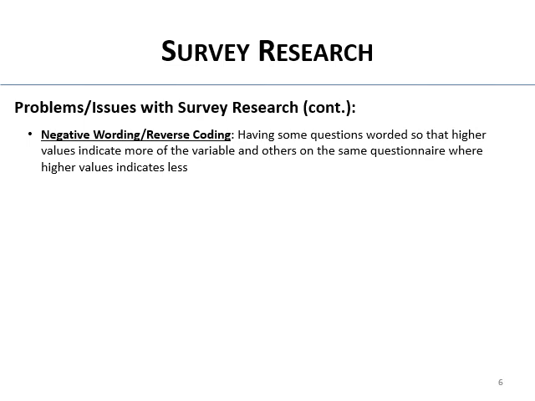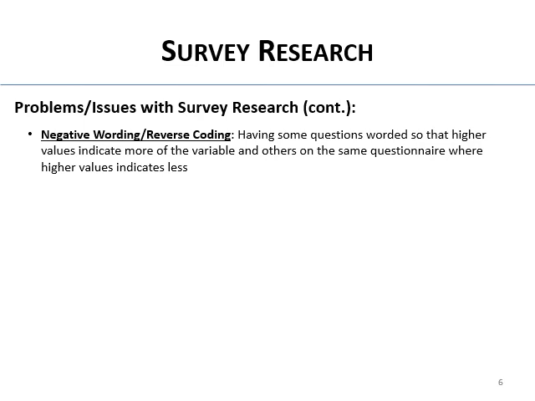So negative wording or reverse coding is something you're going to run into on questions. Most questions are worded so that higher values indicate more of the thing that you're measuring, the underlying construct. But you notice some questionnaires, even though most of the questions are higher means more of the thing you're measuring, some are the opposite. And again, higher means less of the thing.